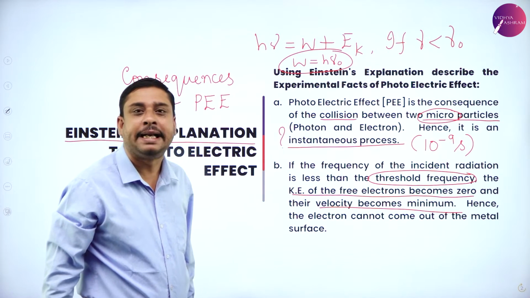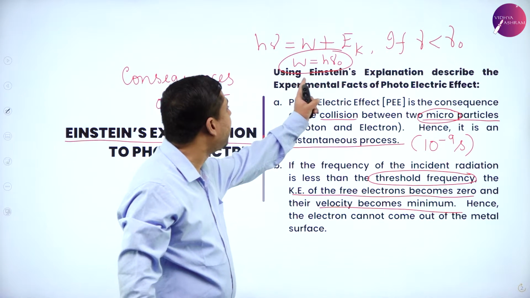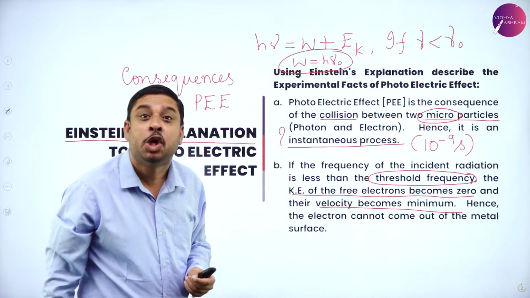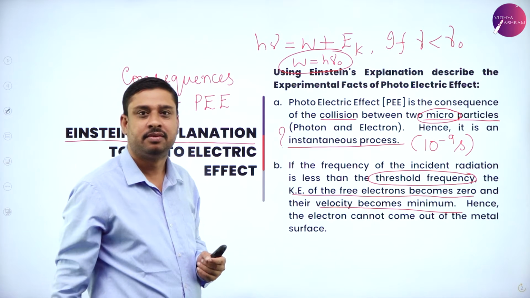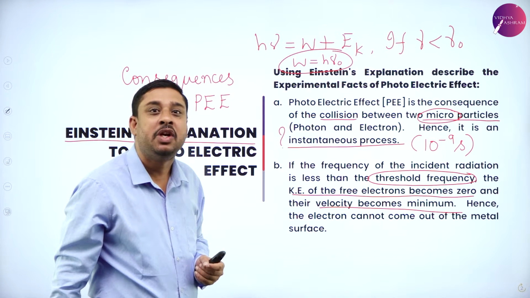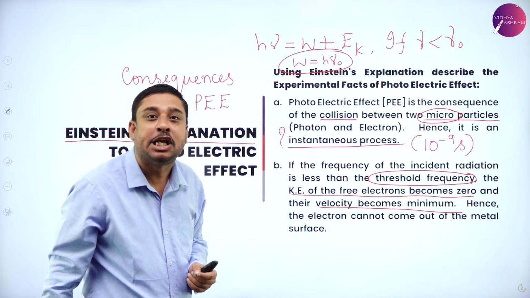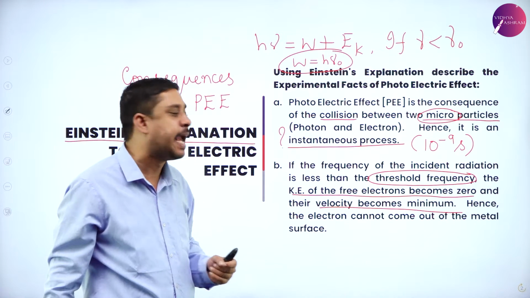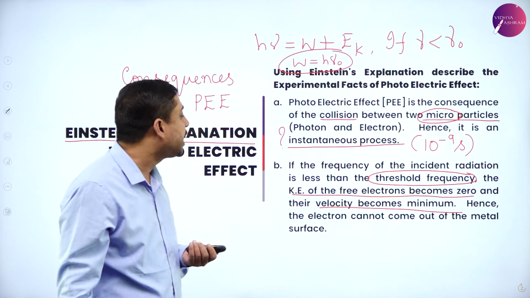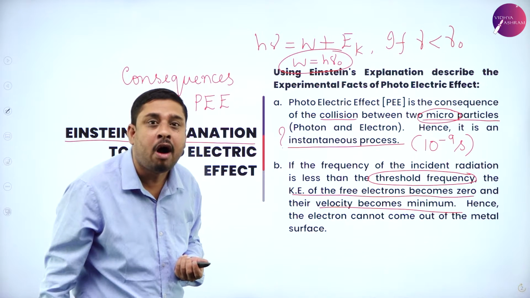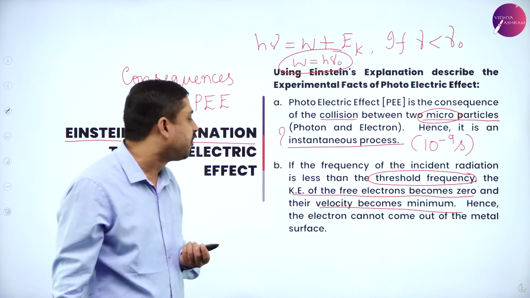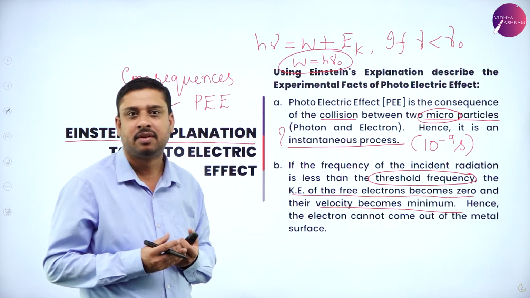Very important expression: work function is h nu naught, where nu naught is the threshold frequency, and hence the electrons cannot come out of the metal surface.